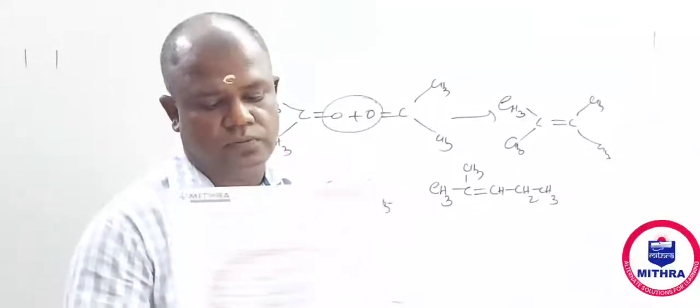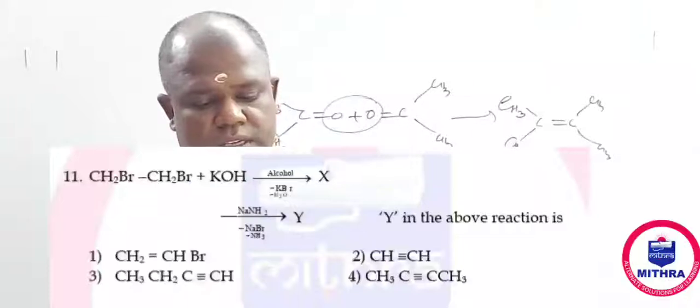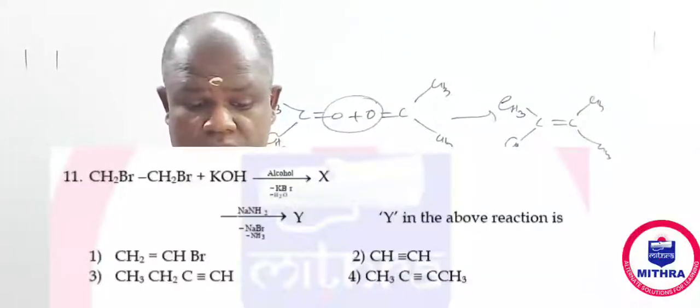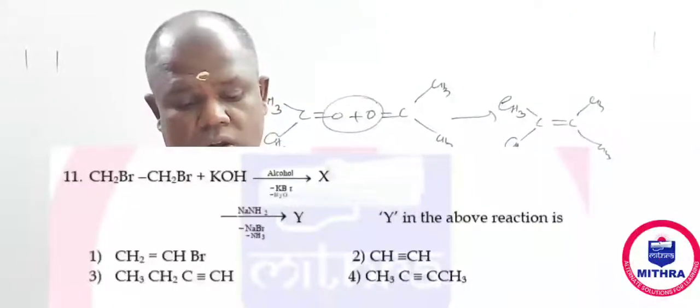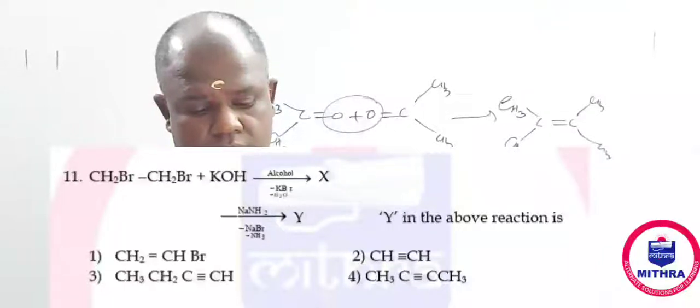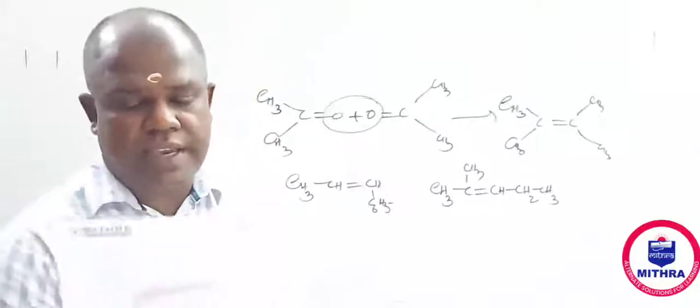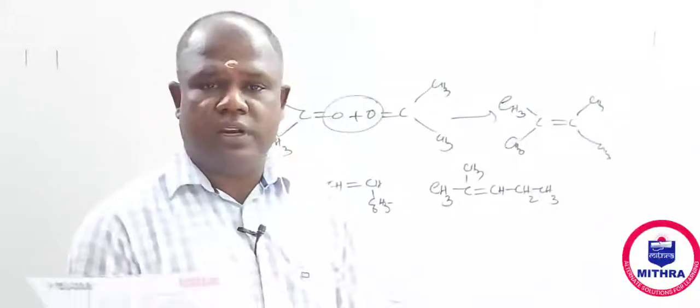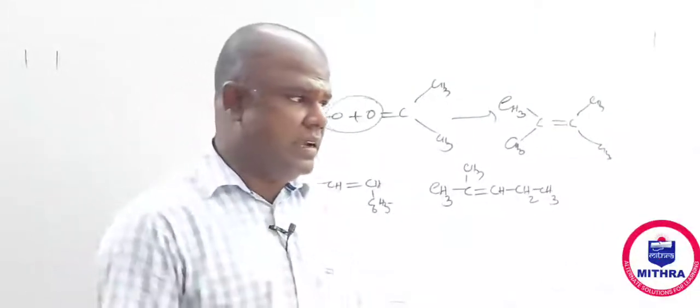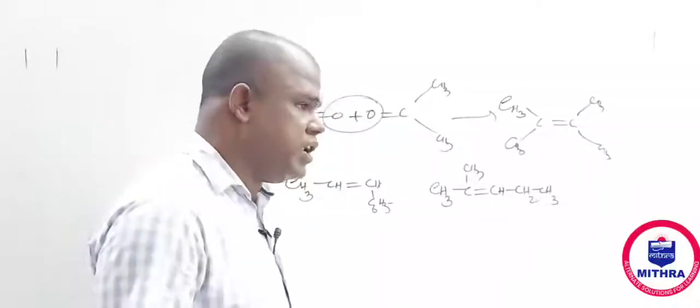Next, CH2Br single bond CH2Br plus KOH, alcoholic. Alcoholic KOH dehydrohalogenation, you are getting X. Again NaNH2, another dehydrohalogenating agent. There is a difference between alcoholic KOH and NaNH2.